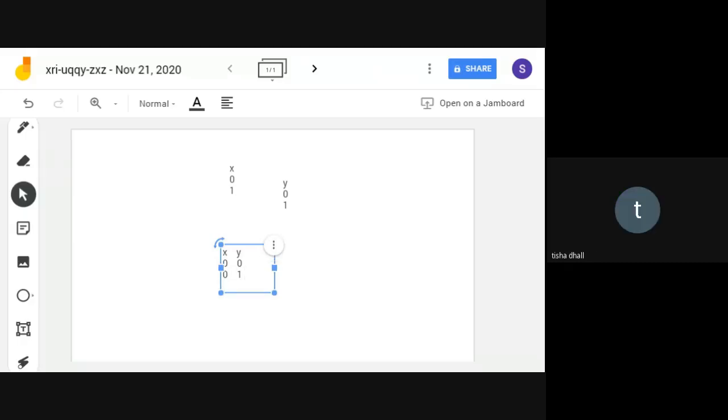Now, the other case is that x itself could have been 1, and at that time y was 0. And if x was 1, then y was also 1. This is the fourth case.